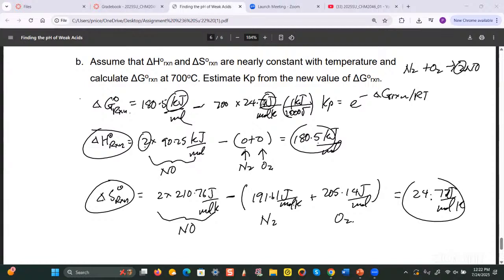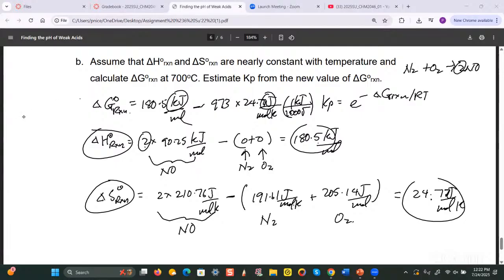Okay, so yes, you're right about the Kelvin, the 700. Actually, it should be 700 plus 273 because they gave us the temperature in degrees Celsius. So 700 plus 273 gives 973 Kelvin, which is the answer for this part right here.